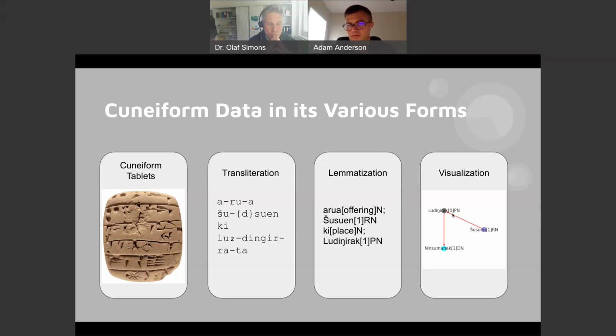And then we've also been working with entity recognition and identifying people and kings, royal names, and divine names. So some of these entities appear on the tablets, for the purposes of disambiguating all of these homonyms, these names across a collection of tablets.